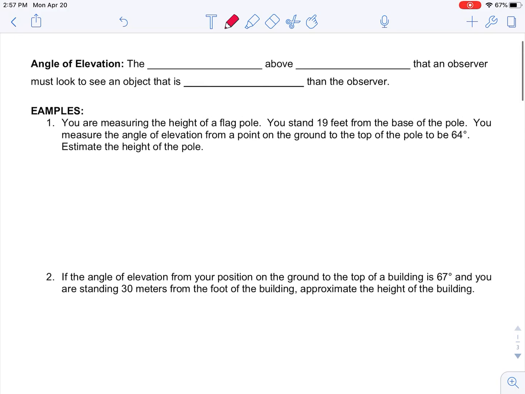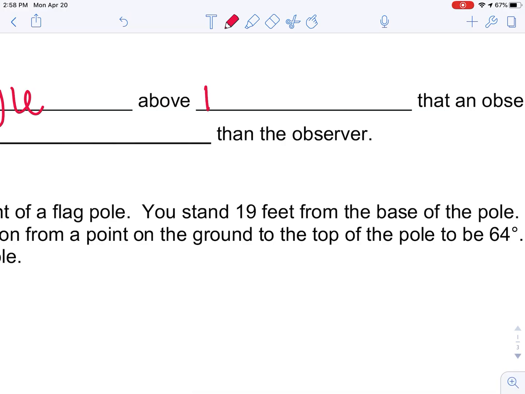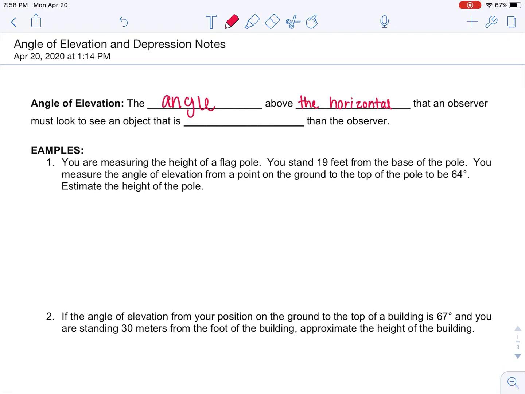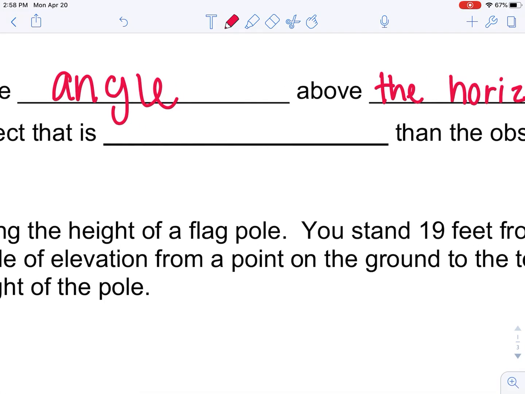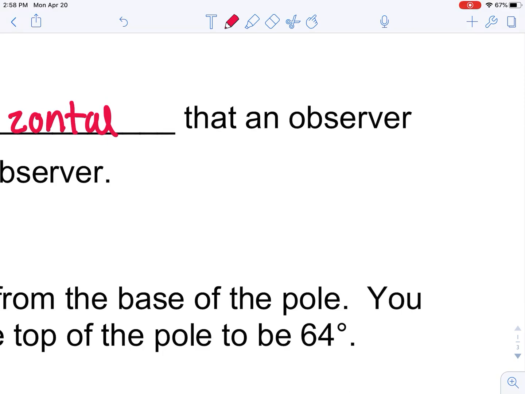So let's get started. Angle of elevation is the angle above the horizontal that an observer must look at to see an object that is higher than the observer. So for example, let's say this is where our person is at.